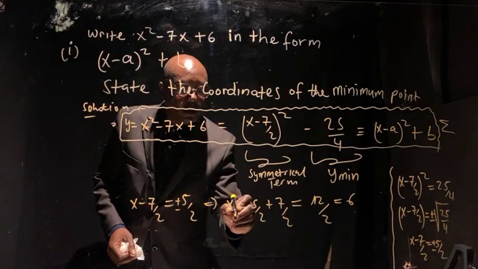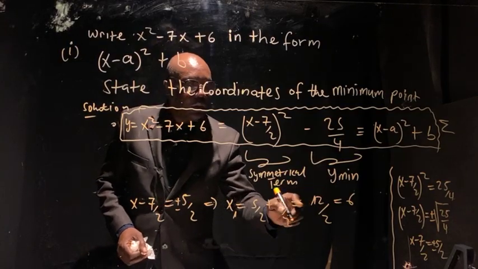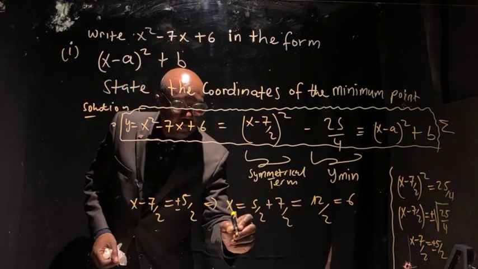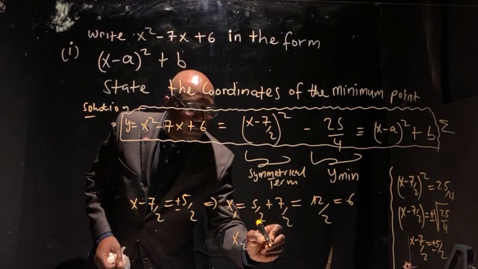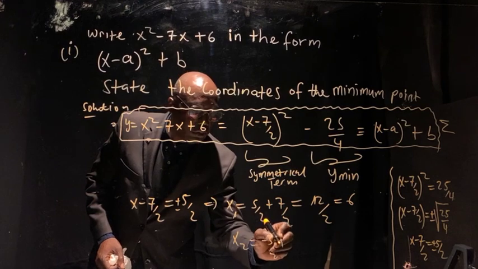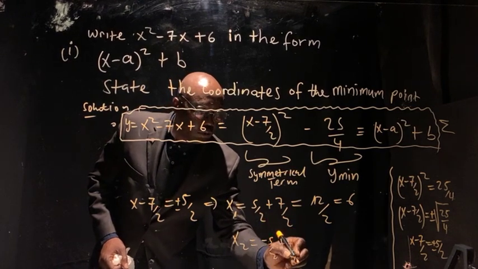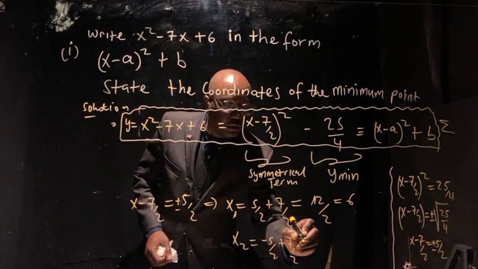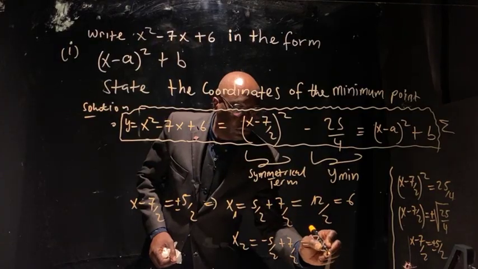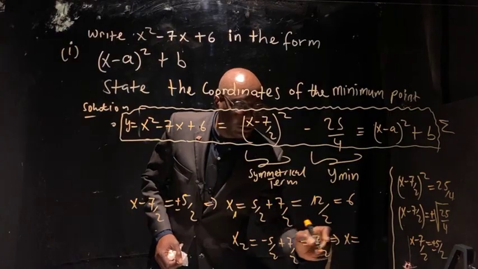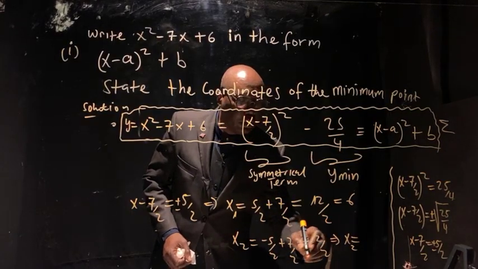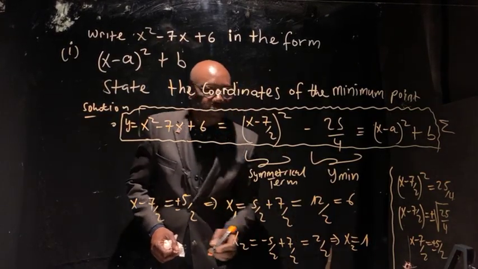So x1 will be equal to 6, and x2 equals minus 5 over 2 plus 7 over 2, which is 2 over 2, so x2 equals 1.